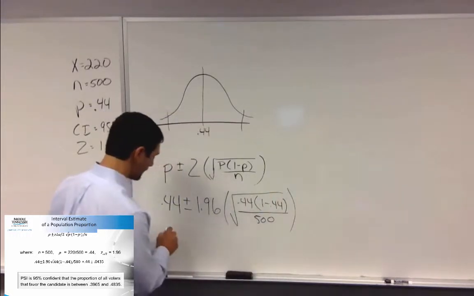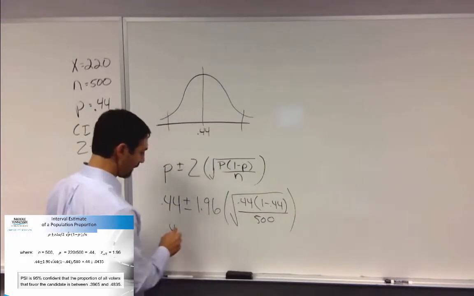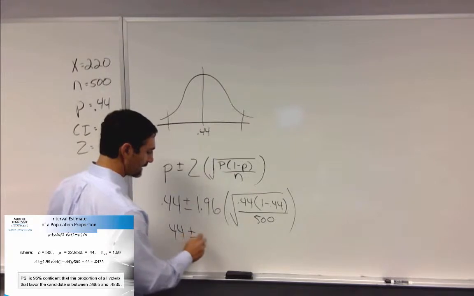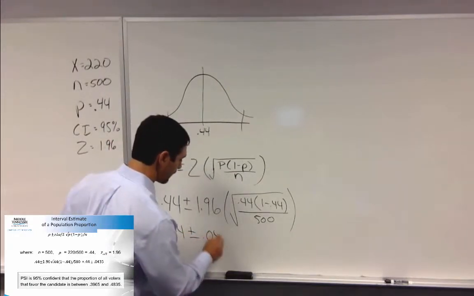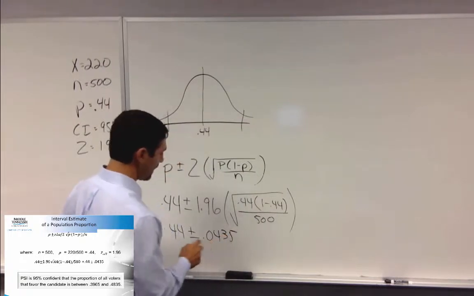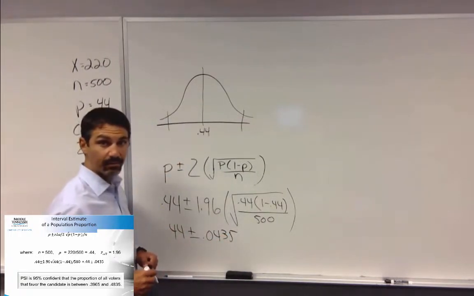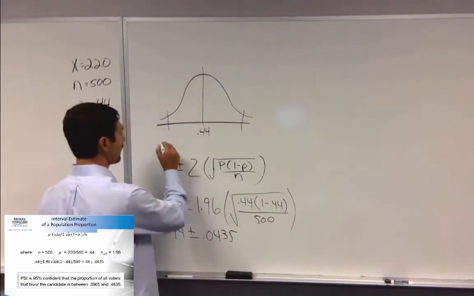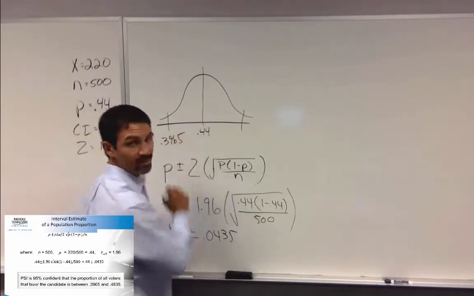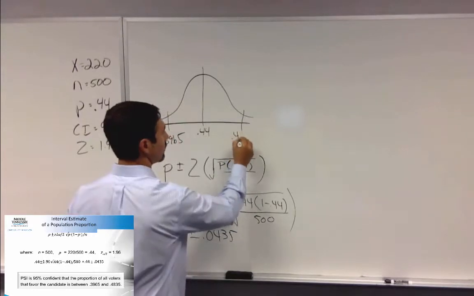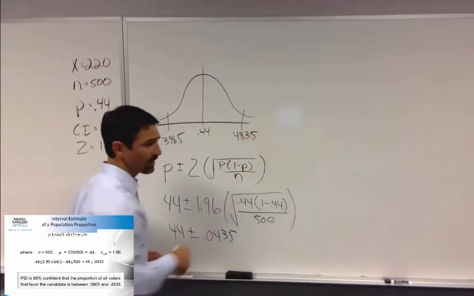And when you do that and multiply it by 1.96, you get 0.0435. Add and subtract that from 0.44, and you get 0.3965 and 0.4835.